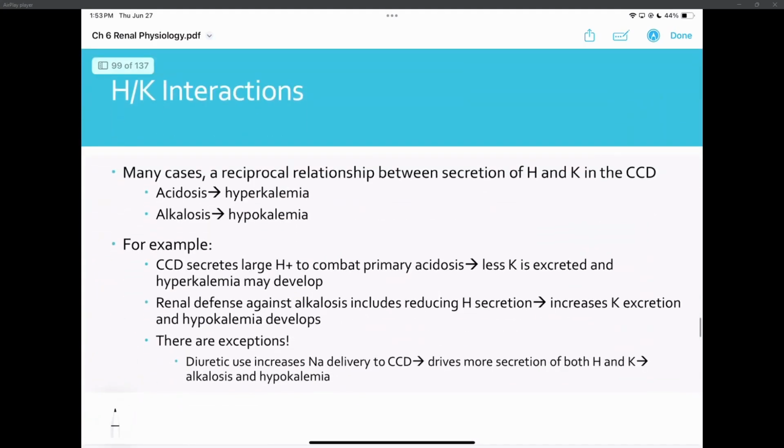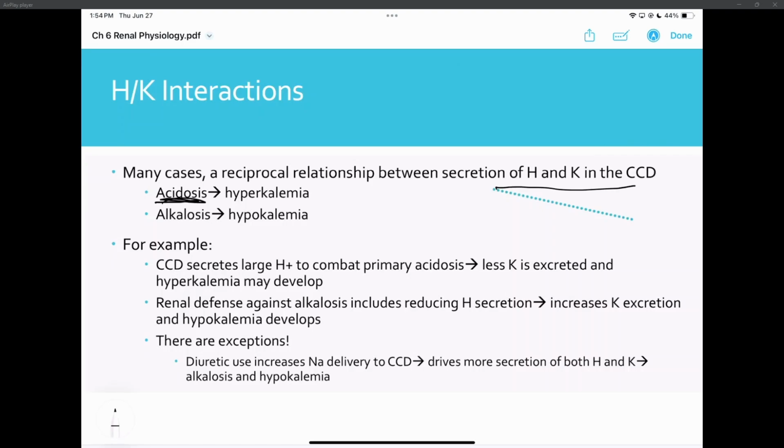So let's talk about these hydrogen-potassium interactions. In many cases, there's a reciprocal relationship between secretion of hydrogen and potassium in the common collecting duct. Remember, with acidosis, where do we want to put all the hydrogens?